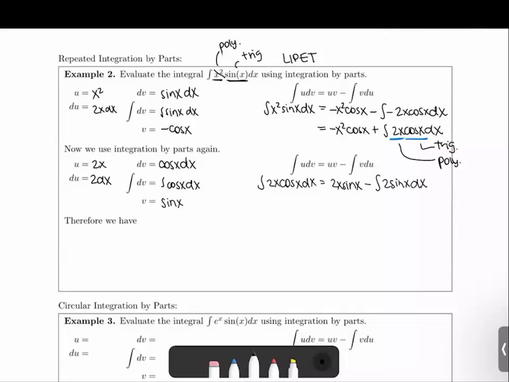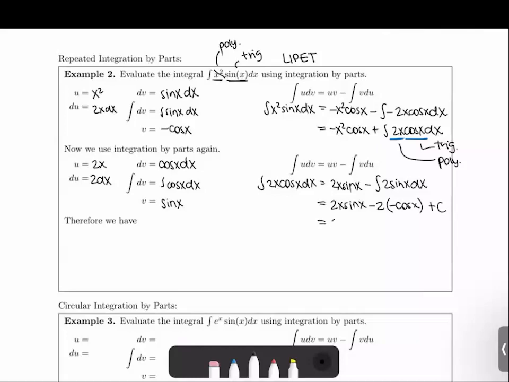Even though this is still a product, the integral of 2 sine, our 2 is a scalar multiple, and that does not impact the integral. This is really just integrating sine of x to give us negative cosine, and then multiplying that by 2. To simplify, this is 2x sine of x minus 2 times negative cosine.